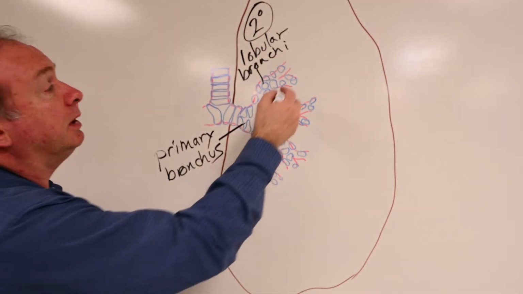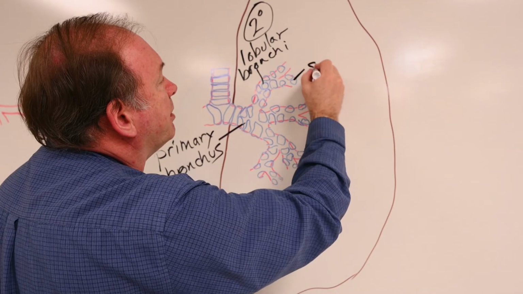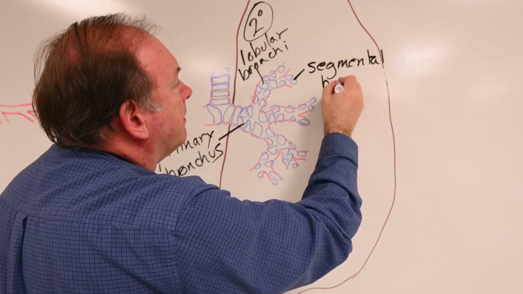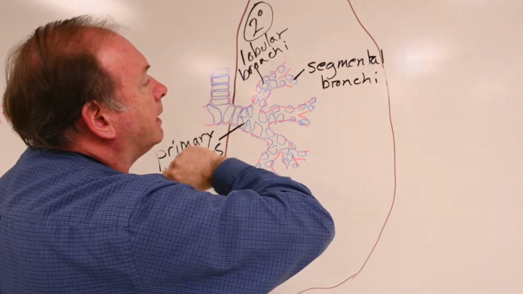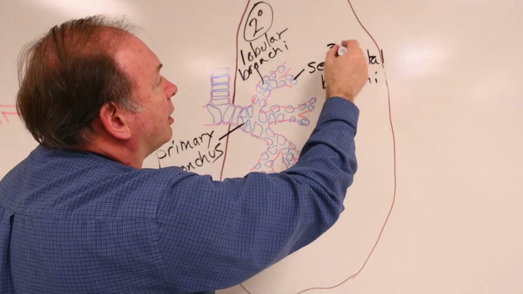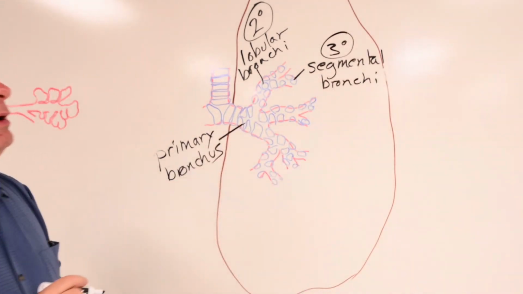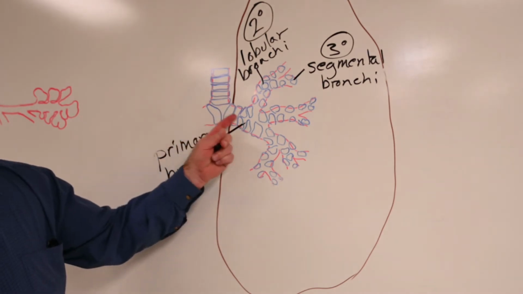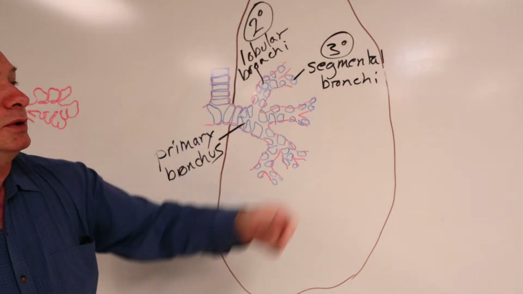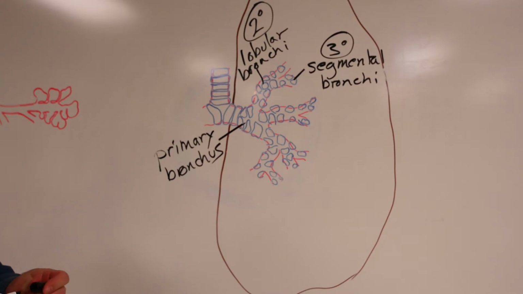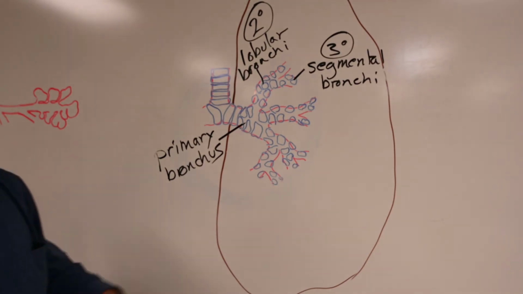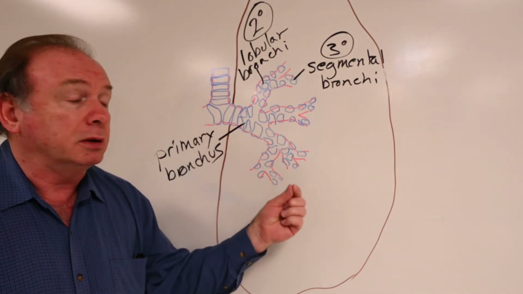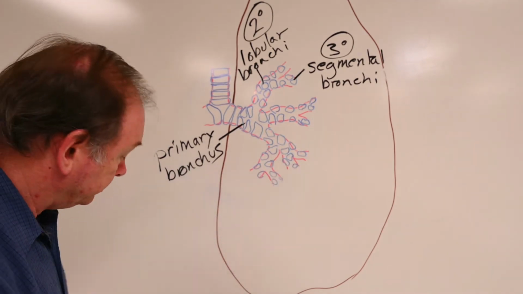And then beyond that, these are sometimes referred to as segmental bronchi, or they could be called tertiary. So primary, secondary, and tertiary, or the primary bronchus, sometimes called the main bronchus, lobular bronchus, and segmental bronchus, going out through the lung. Those will then branch further into bronchioles. Our next smaller passageway is the bronchiole.